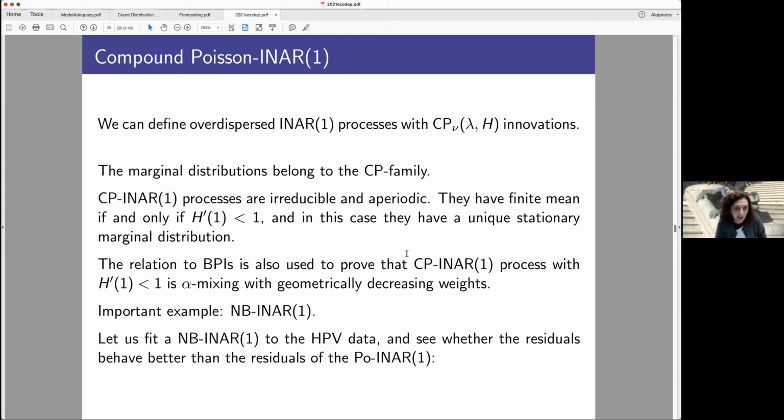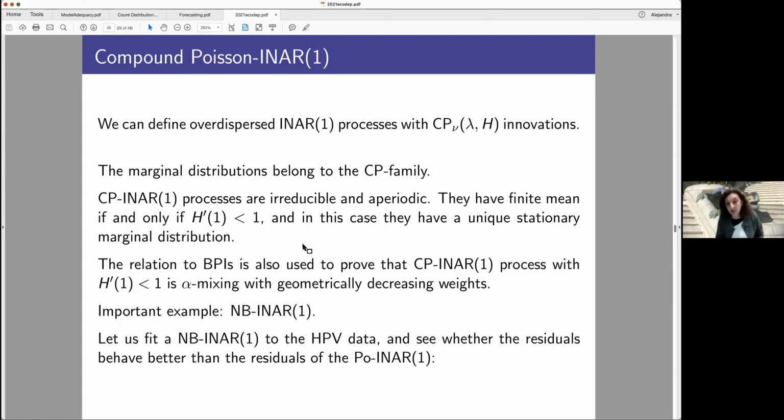They have finite means if and only if this H, which changed its name, sorry, is the same H we had before, the sum of the inverses of the weights. And in this case, they have a unique stationary marginal distribution. Again, using that it's a branching process with immigration, we can prove that this is also alpha mixing and has geometrically decreasing weights.